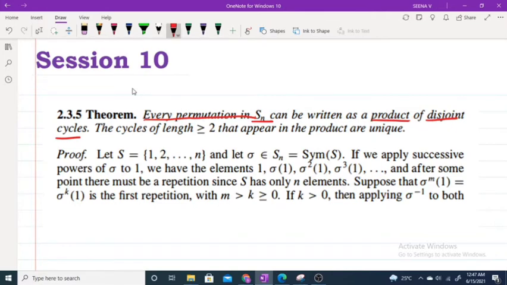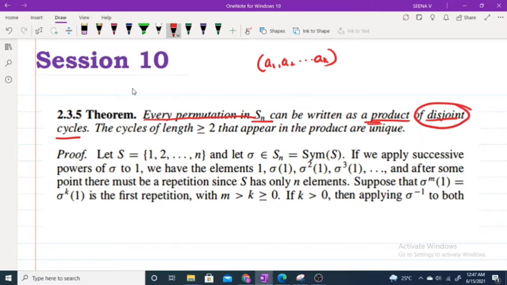So cycle means what, like this, (a1 a2 ... ak). We can write like this. And this theorem says that any permutation you can write as a product of disjoint cycles.